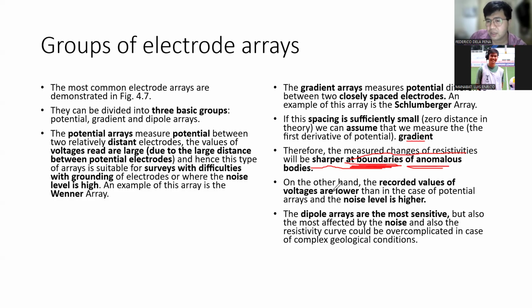The downside of gradient arrays, for example the Schlumberger array, is that since the potential electrodes are so closely spaced, right? You are now just measuring a very low potential difference, and any sort of noise can easily influence this kind of reading, right?